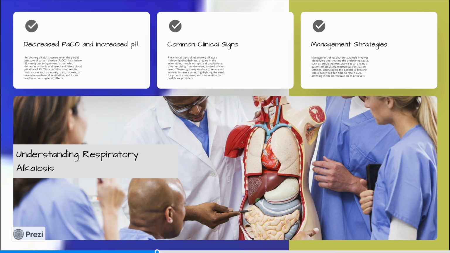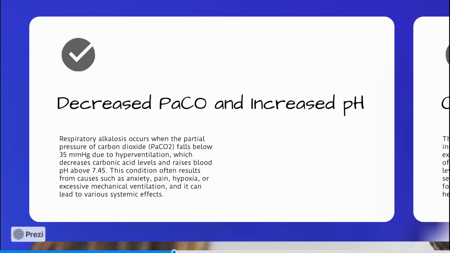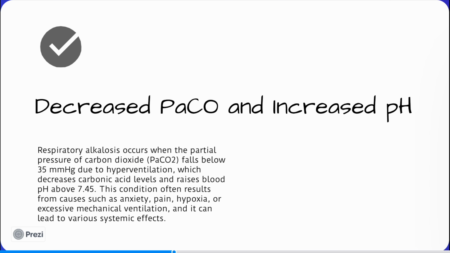Next, we're going to talk about understanding respiratory alkalosis. Respiratory alkalosis occurs when your PaCO2 falls below 35 mmHg due to hyperventilation, leading to decreased carbonic acid, and the pH level will increase above 7.45. Common causes could include anxiety, pain, fever, hypoxia, or overventilation from mechanical ventilation.